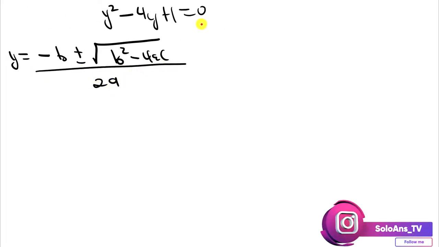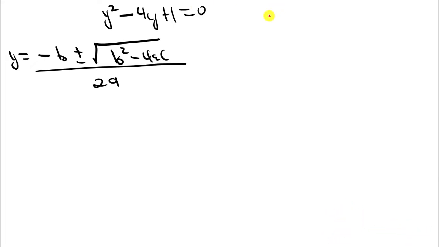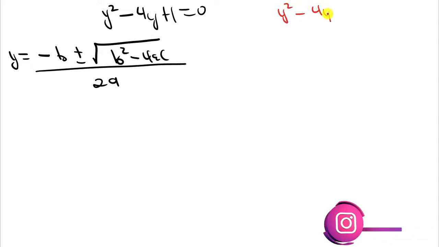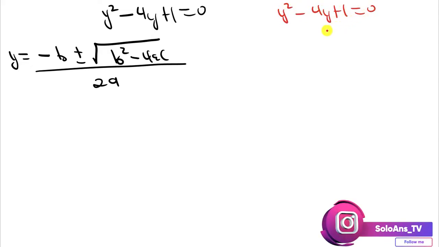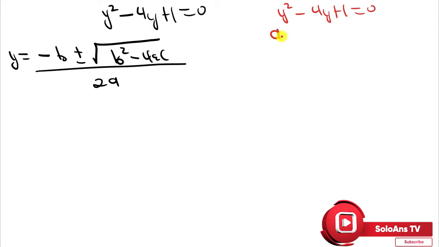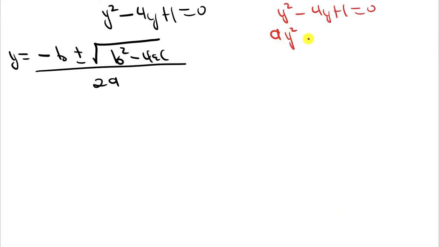Now we have to compare this equation to the general quadratic equation, whose main variable is y, of the form ay squared plus by plus c equal to 0.